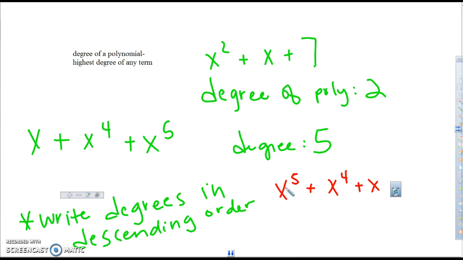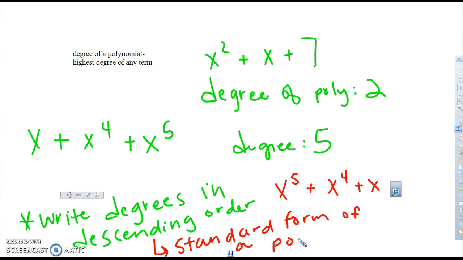So the exponents get smaller as we go on. And when we write the degrees in descending order, this gives us the standard form for a polynomial. Okay?